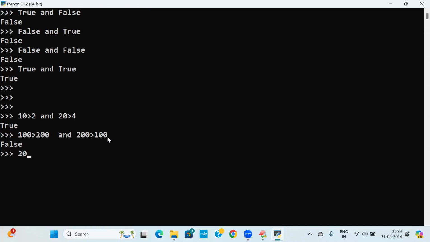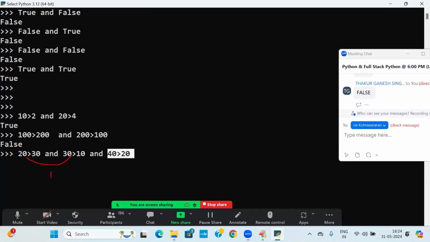Next step. 20 greater than 30, and 30 greater than 10, and 40 greater than 20. Come on. The first one is what? False. The second one is what? True. Correct or not? This is false, this is true.